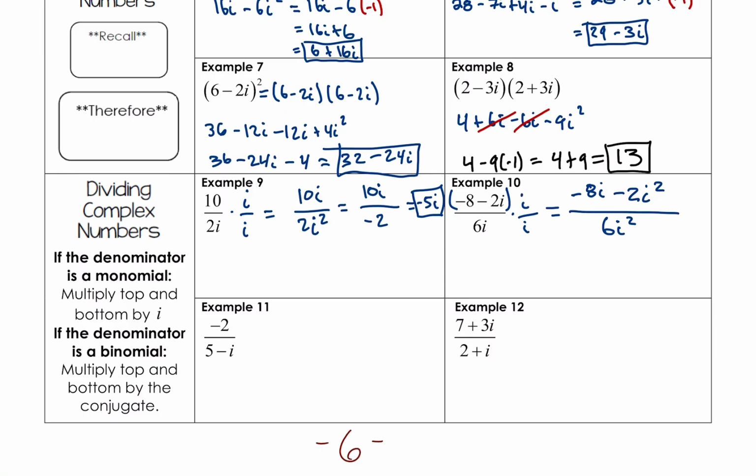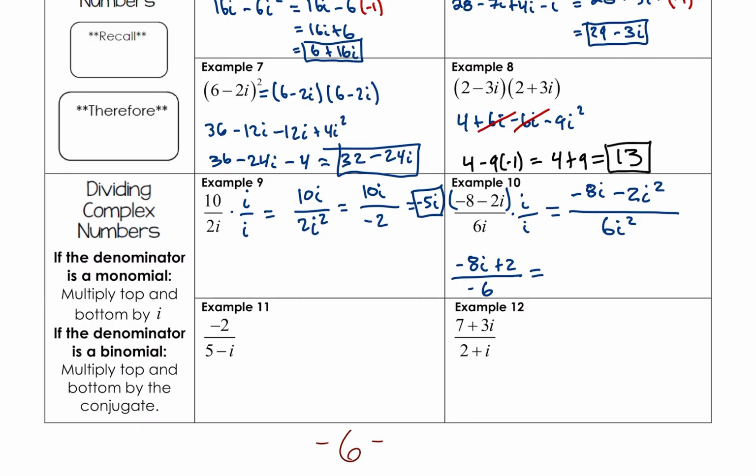Now I'll replace these i squareds with -1s. So I'll still have a -8i, but instead of a -2i squared, it's going to become a +2. And on the bottom, I'll have a -6. Right? 6 times -1. Okay. Now, all of these can be divided by 2.